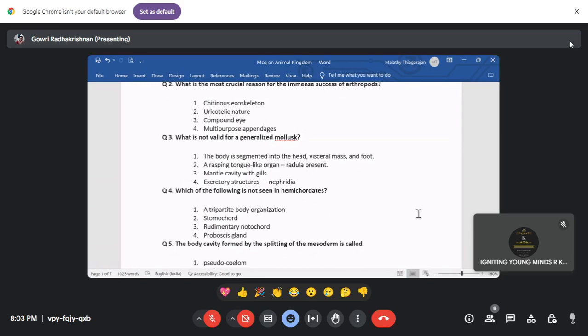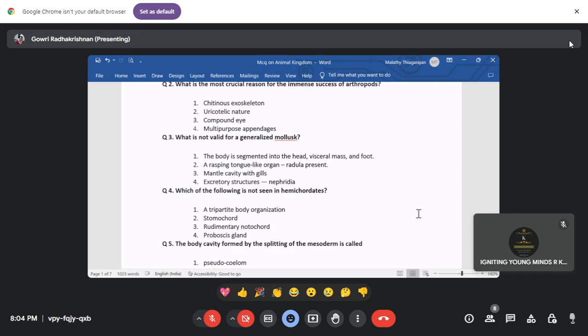Option 4, ma'am. Excretory structures. Huh? Mollusk, you say? All the mollusks do not have excretory structures. Nephridia is not there. I was not sure. I assumed it must be either option 3 or 4. So I said. Yeah, you can for sure say the body is not segmented into head, visceral mass, and foot for mollusk.